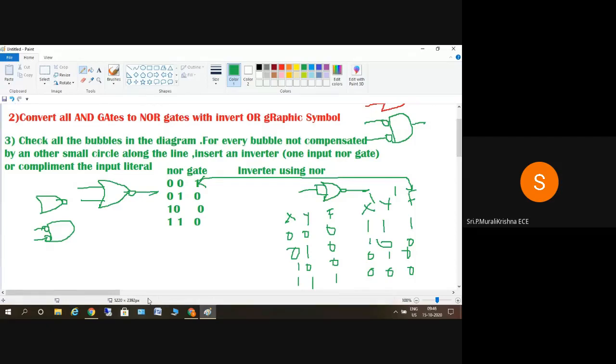So do the same problem. We gave you a problem, the previous one. Implement that with the help of NOR gates.